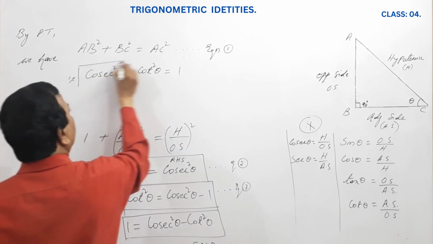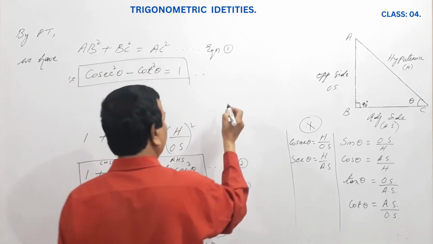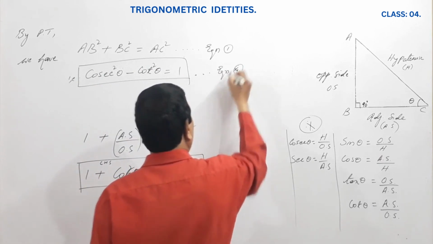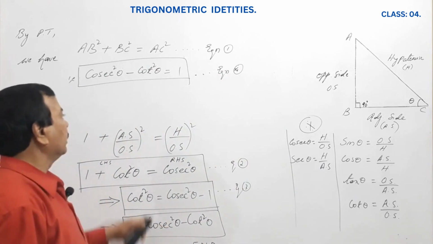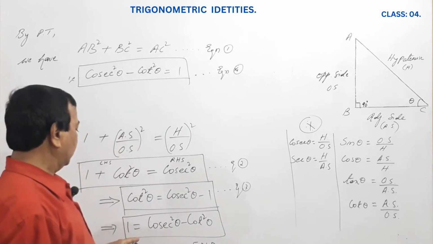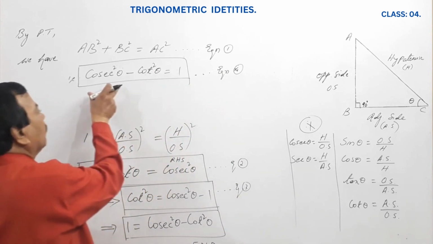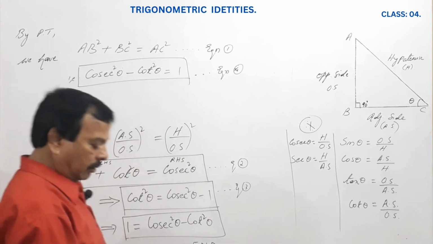This is our equation 4. So I have rewritten this, transferring 1 to the right hand side, made cosecant square theta minus cot square theta equals to 1. So please make a note.